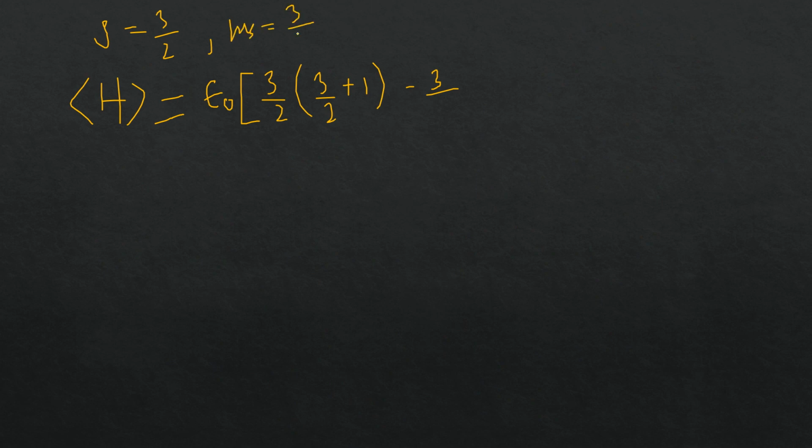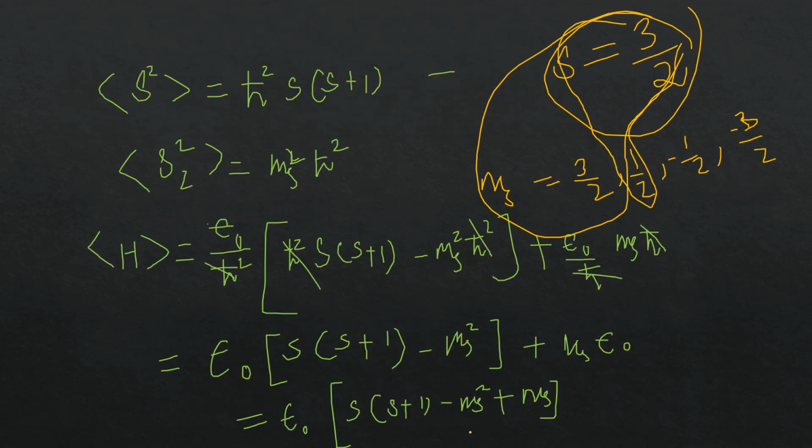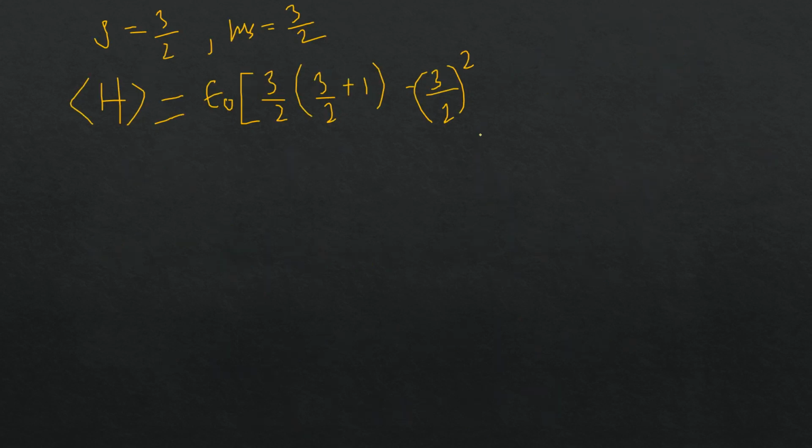Calculating for that. So this one, then 3 by 2 square, ms square, plus 3 by 2. If we calculate it, it will be epsilon naught.